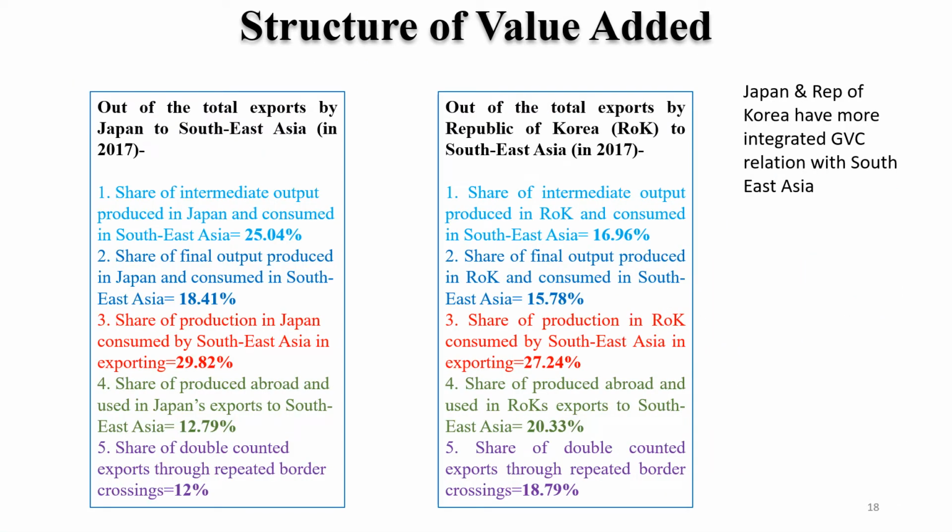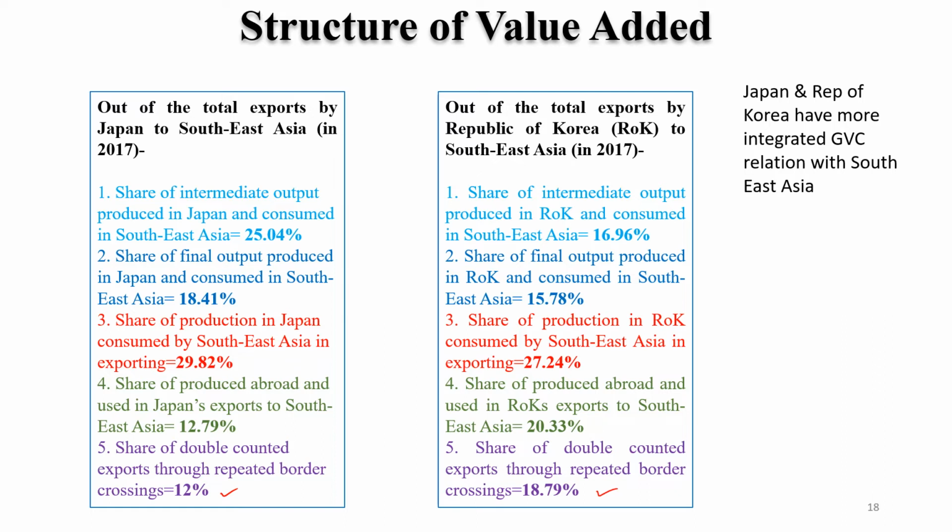Now, in another example, we made an attempt to understand the close relationship between Southeast Asia and East Asian countries like Japan and Republic of Korea, and you can see that the double counting is quite high, for example, 12% and 18.79%. These are basically goods crossing the border several times, and as a result there is a possibility of double counting.